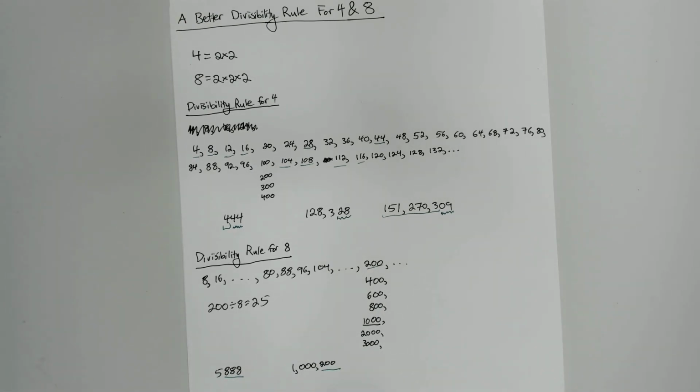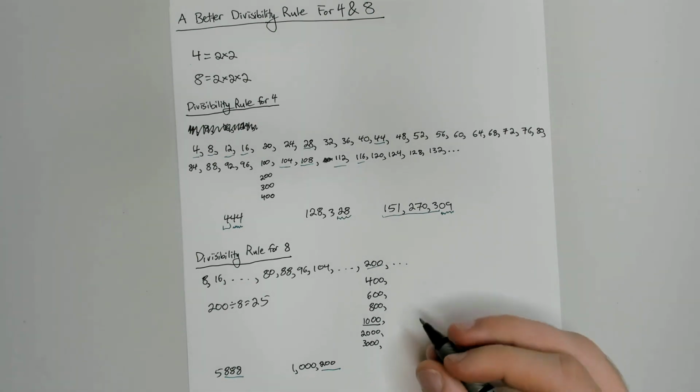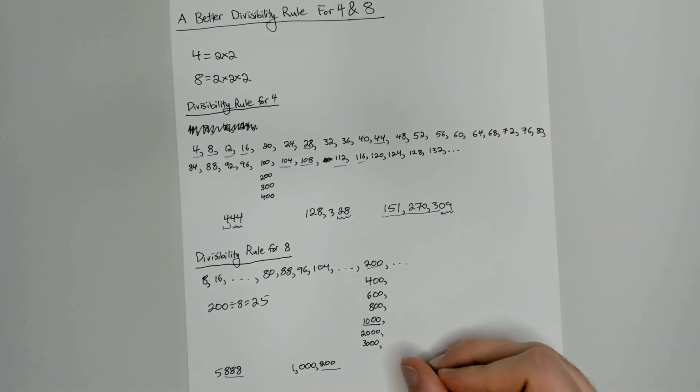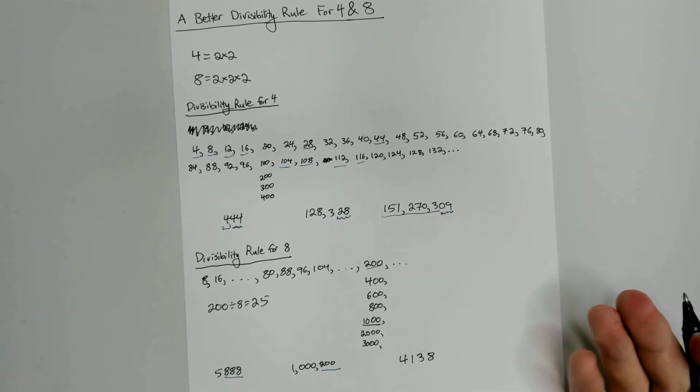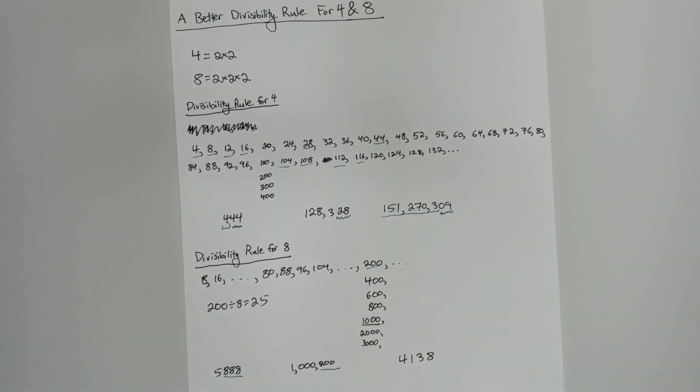Now, admittedly, this isn't quite as easy as the divisibility rule for 4, because let's say I gave you the number 4,138. Okay, so I give you this number, and we know, yeah, okay, 4,000, that's divisible by 8 because it's a multiple of 1,000, and we just have to check the last three digits.